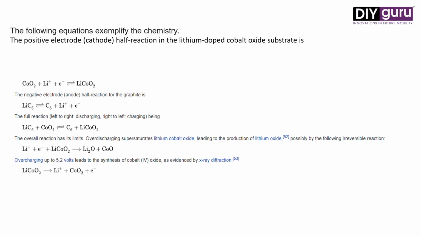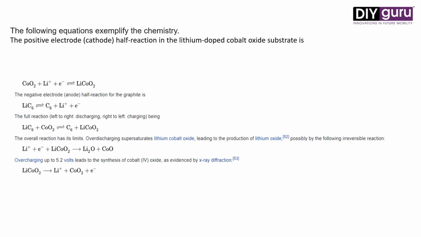So the cathode is made up of LiCoO2, and the anode is made up of graphite. Initially, in the first half reaction, the lithium cobalt oxide breaks up into cobalt oxide, a lithium ion and an electron.